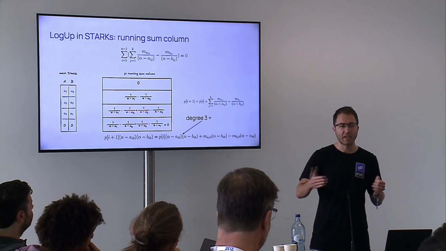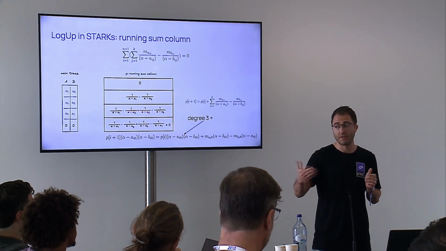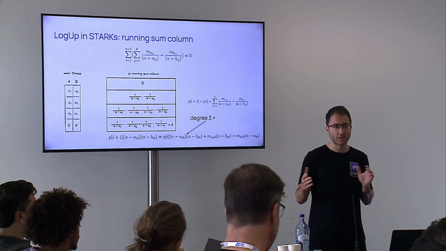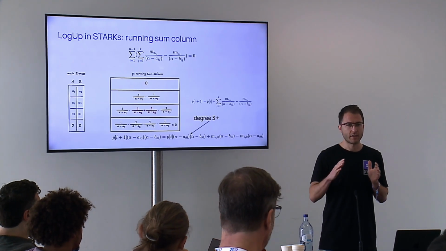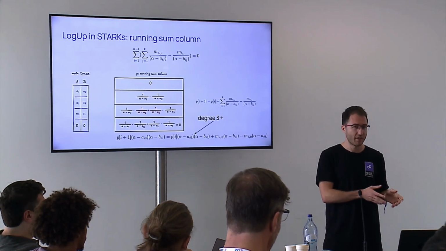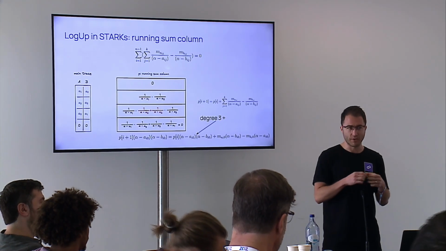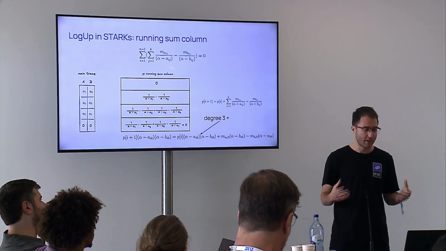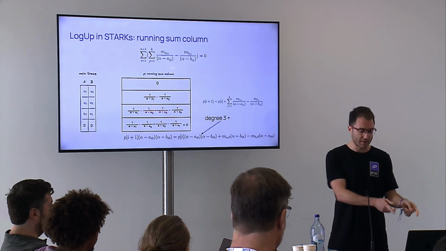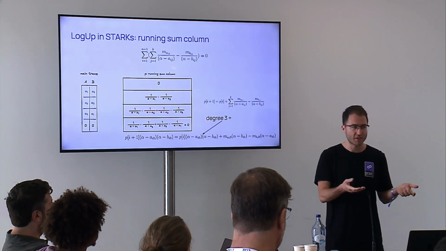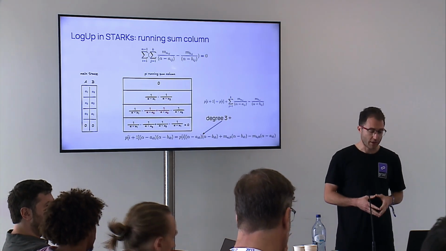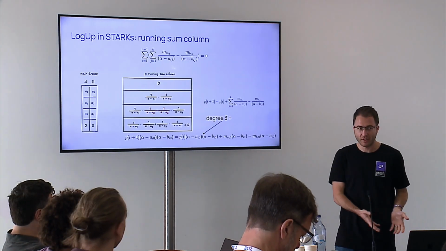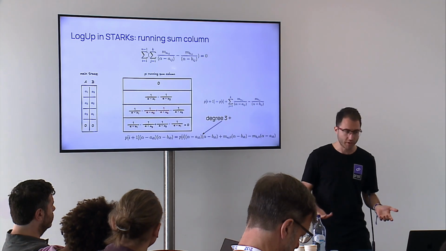And VMs typically have a limit on the degree of constraints. In mine, currently, they're at 9, and it's pretty high. Many VMs use 3, and so you're basically not allowed to use any polynomials of columns. You need to use directly the column. So if you need these expressions, you need to commit to new columns. You need to create new columns just to make that work effectively. And that's extra work for the prover.